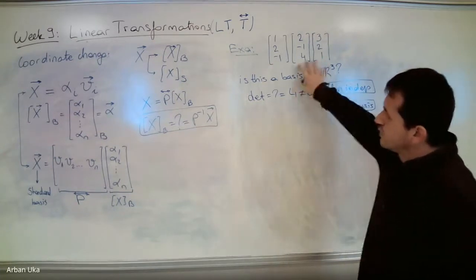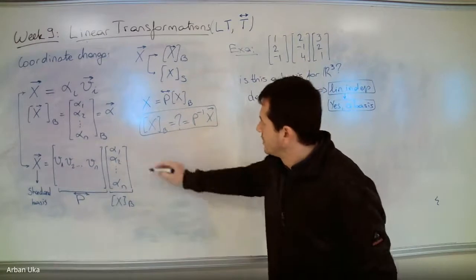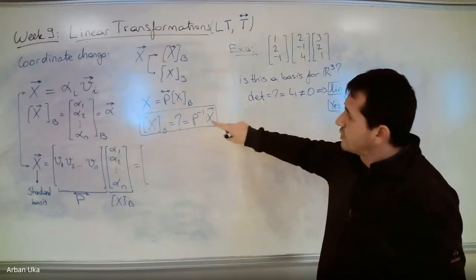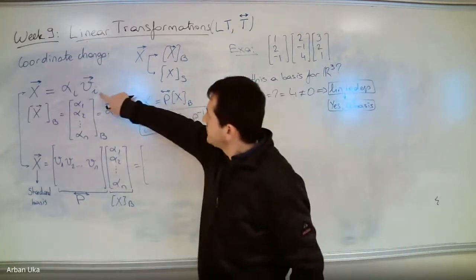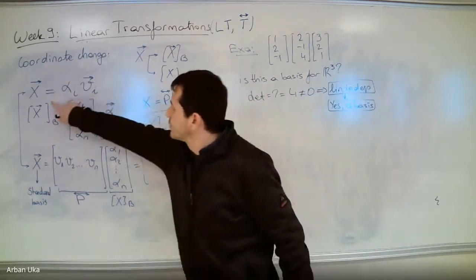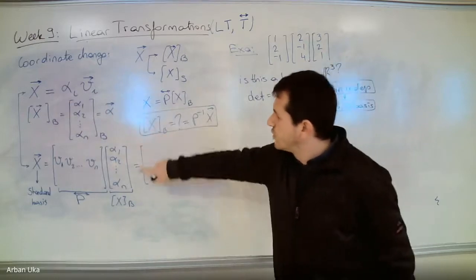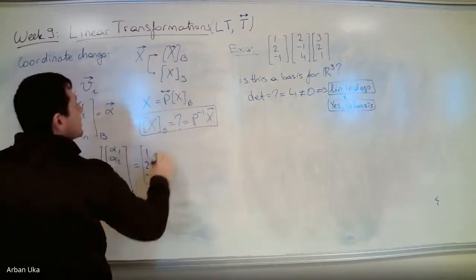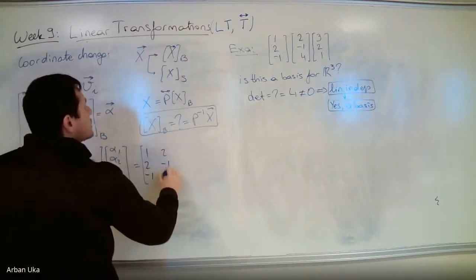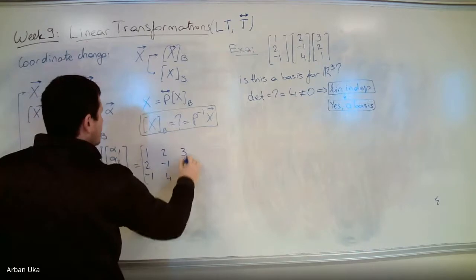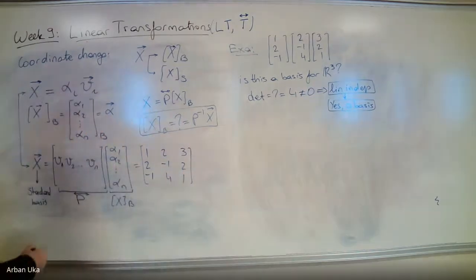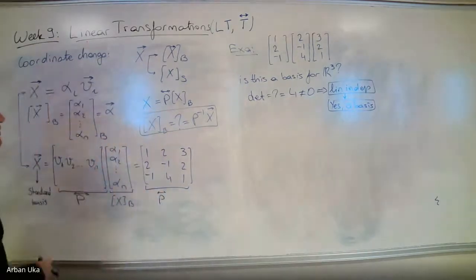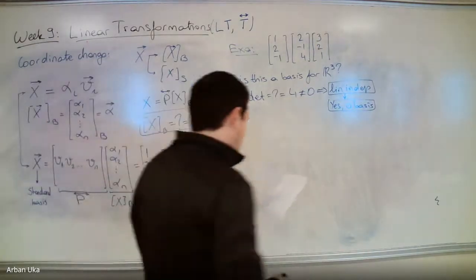So based on what we wrote here, we place the vectors as the columns of the matrix P. So here we'll have the first column 1, 2, minus 1, the second one is 2, minus 1, 4, and 3, 2, 1. So this is our new matrix P, and we get this from the formal definition we gave a while ago.